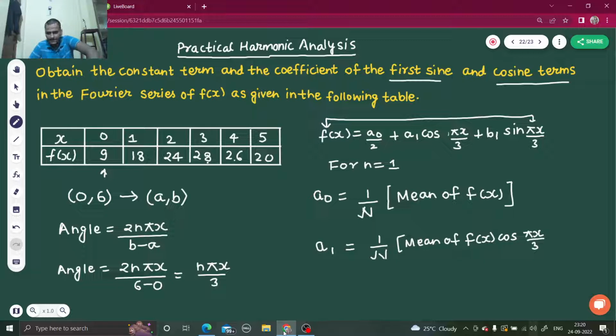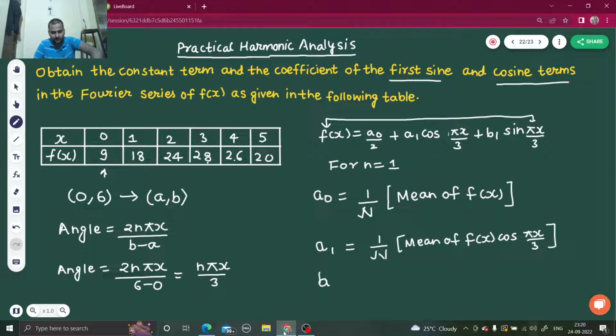So f(x) cos pi x by 3 type terms, you will find the mean, divide by n, and you will get a1. Why cos pi x by 3? Because it was initially cos n pi x by 3, but we want a1, so cos pi x by 3.